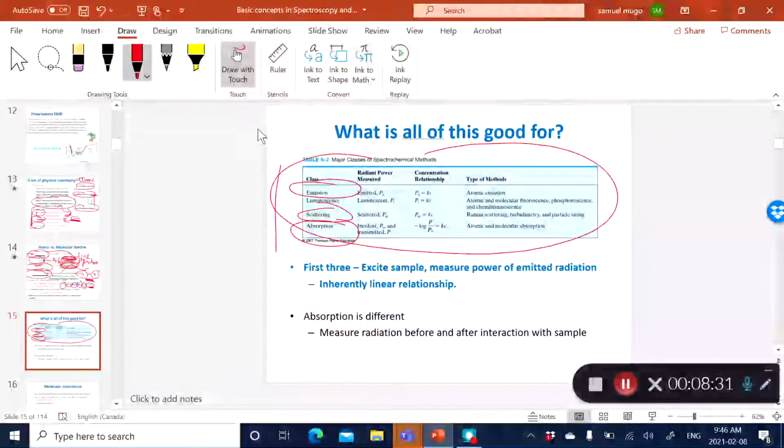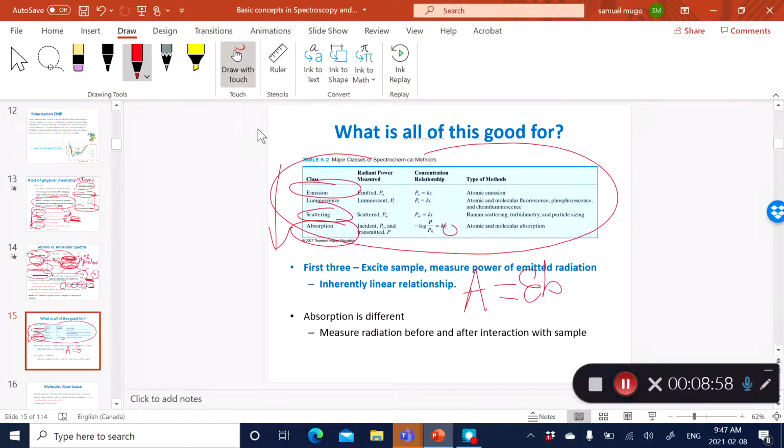Remember, for all these types of spectroscopies, it's important because they are all dealing with a photon impinging on a molecule or an atom, it needs to have a linear relationship to the concentration, which is what you are interested in. For example, if I'm doing absorption spectroscopy, we know the relationship: absorbance equals molar absorptivity multiplied by path length multiplied by concentration. But we know that absorbance is also equal to the negative log of transmittance.